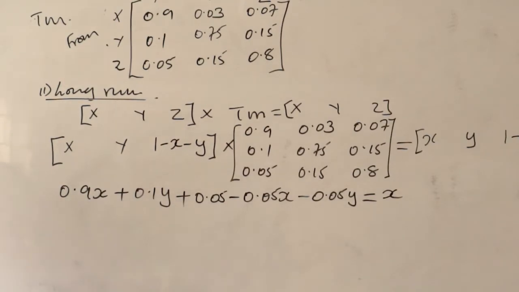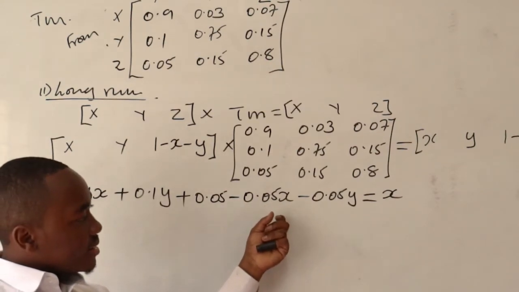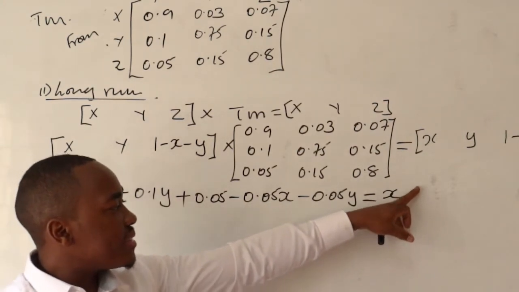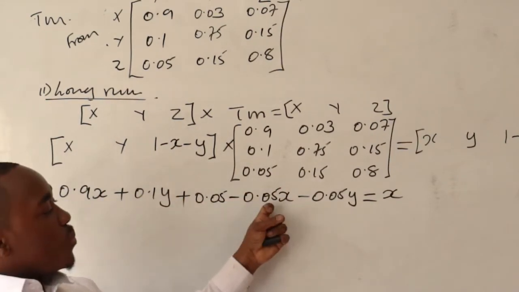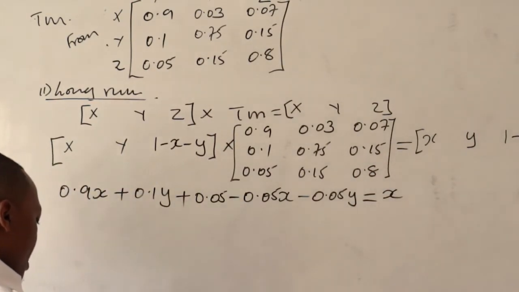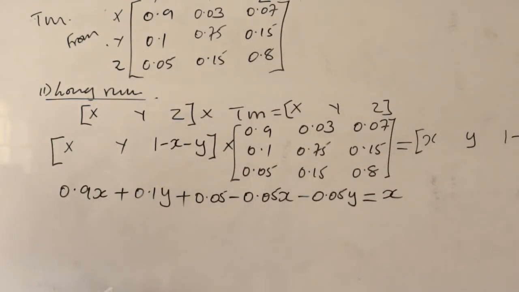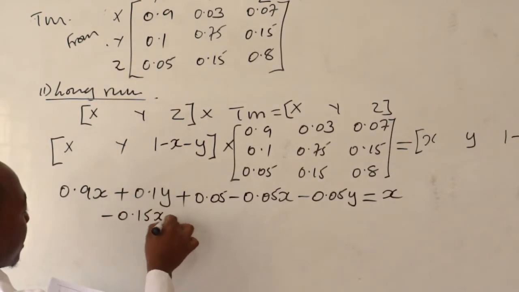Then let's bring the right term together. 0.9X minus 0.05X, we have another X here. If you take this X to the other side, it becomes a negative. So it's 0.9X minus 0.05X minus 1X. And you'll find that your X will be negative 0.15X.